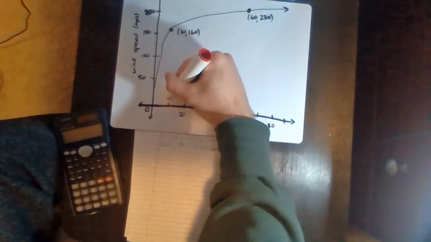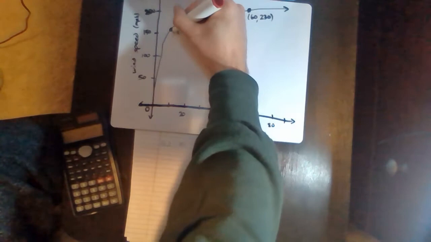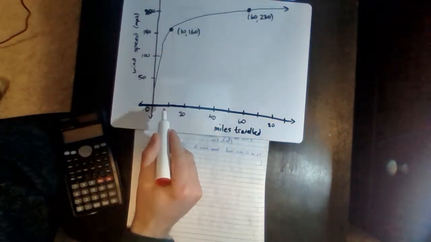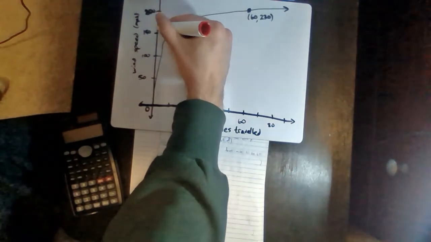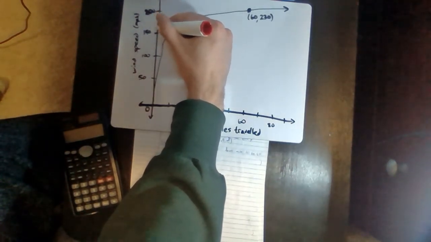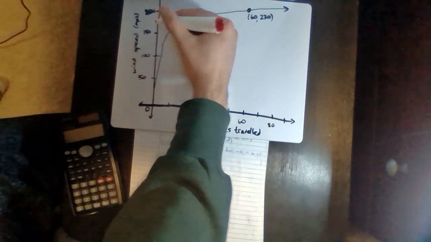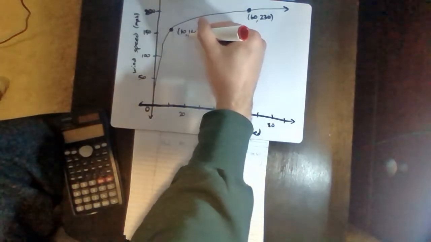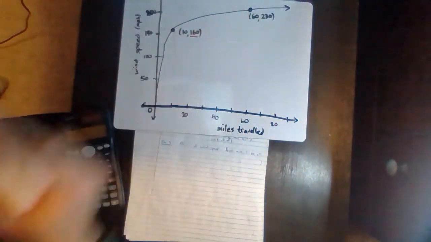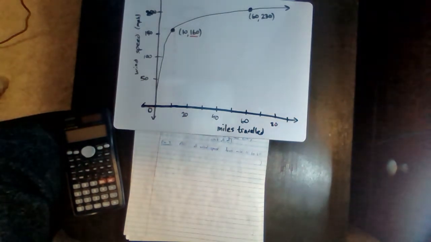We're going up from mile 10, straight up from mile 10 here. And then we go across, and on the graph, in your note, it's much easier to see this is at exactly 160. So that's how we're going to find our y value. And we would do the same for this one. We go up from 60, go across, and we'll see that it's at y equals 230.